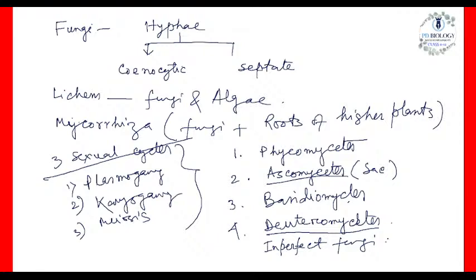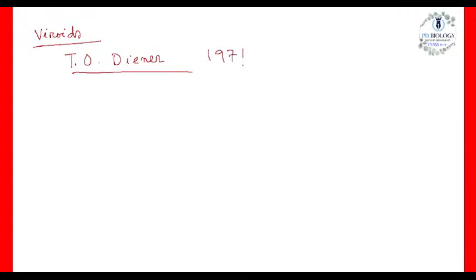Another important thing to discuss in this part is the viroids. Who gave the name viroid? Can anybody tell me? That is T.O. Diener, 1971.